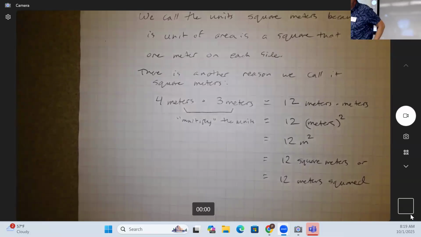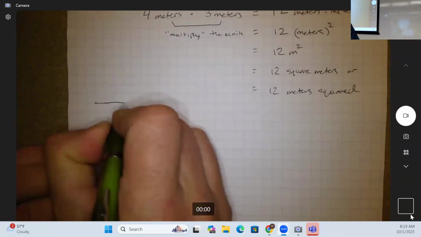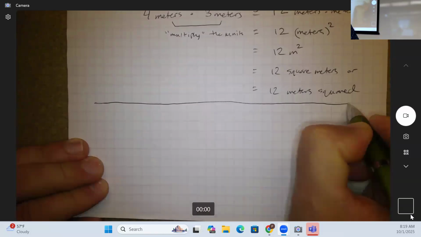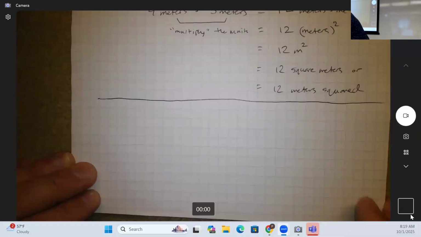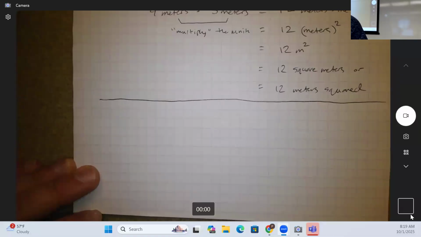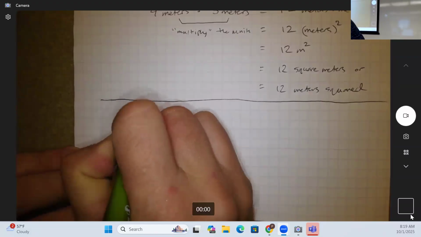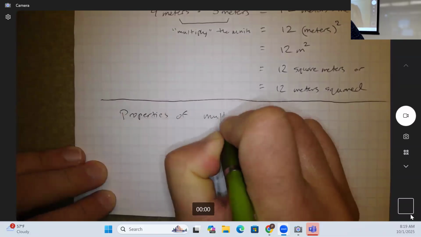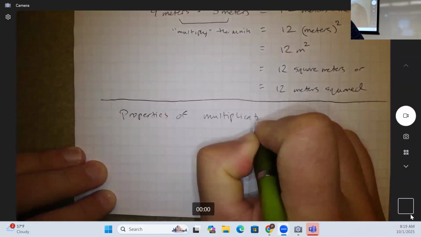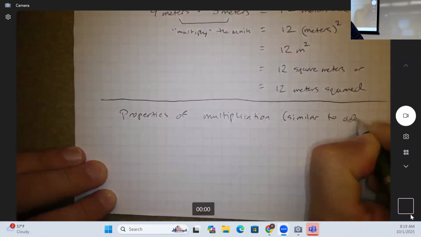All right. So we talked about various properties of addition, and we have similar properties for multiplication. These are similar to addition.